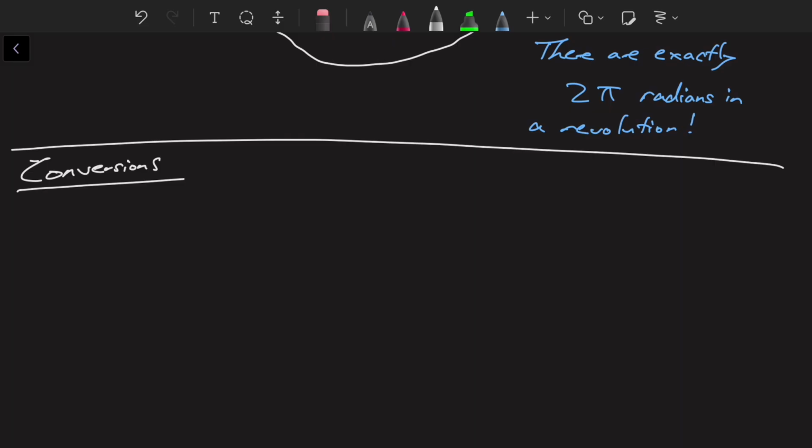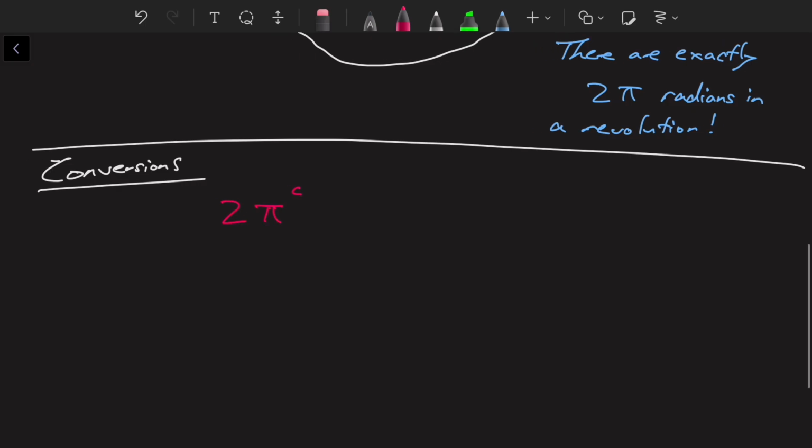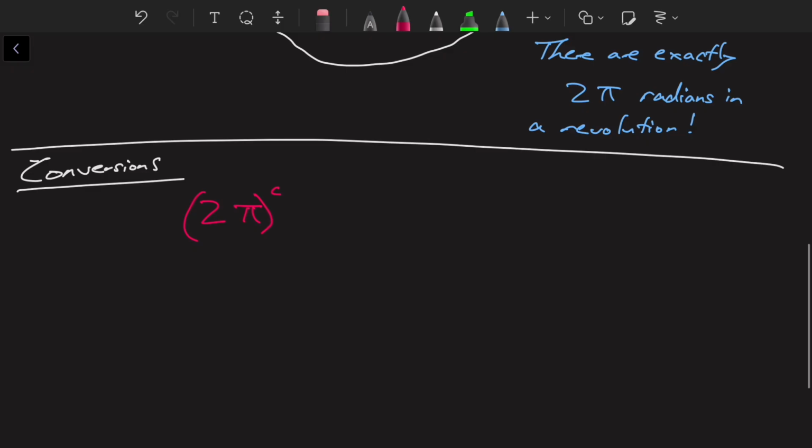Conversions. We can work this out pretty straightforwardly. We know that there are exactly 2 pi radians, put a bracket around it so we don't get confused, in 360 degrees worth. I put those things in brackets because you need to recognize that they're just numbers. 2 pi is a number, 360 is a number. What they're measuring is different, but they're still numbers.